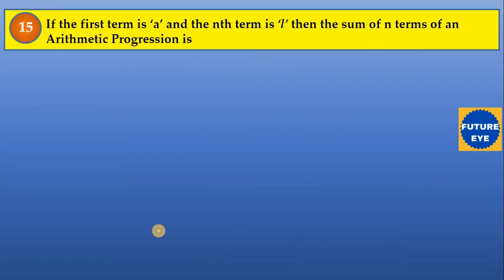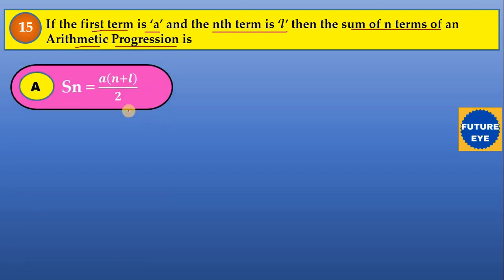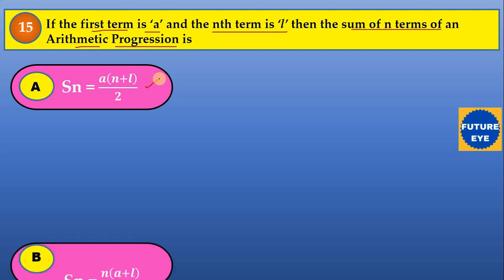Let's take another problem. If the first term is A and nth term is L, then the sum of n terms of an arithmetic progression is. Here you want to find the correct formula, children. First one is Sn is equal to A into n plus L by 2.